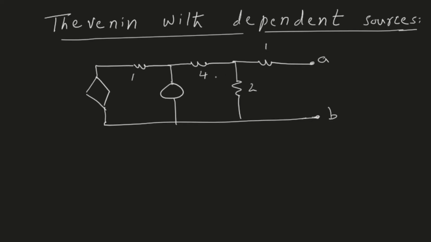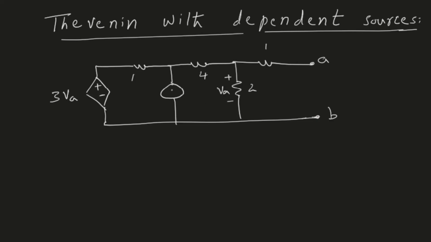Let's say this one is also 1 ohm. The dependent voltage source, so this is the symbol for a dependent voltage source. And the value of this source is 3 VA, where VA is defined as the voltage across the 2 ohm resistor. And the polarity is as shown.